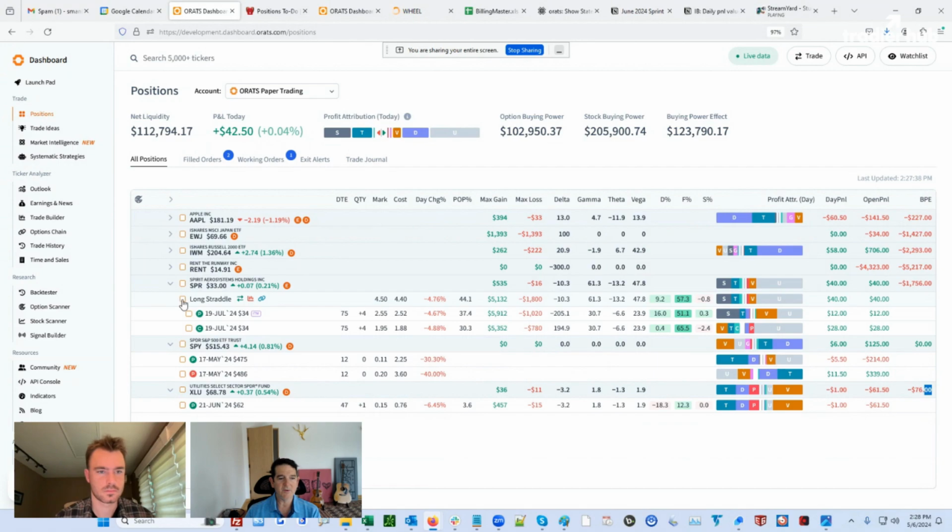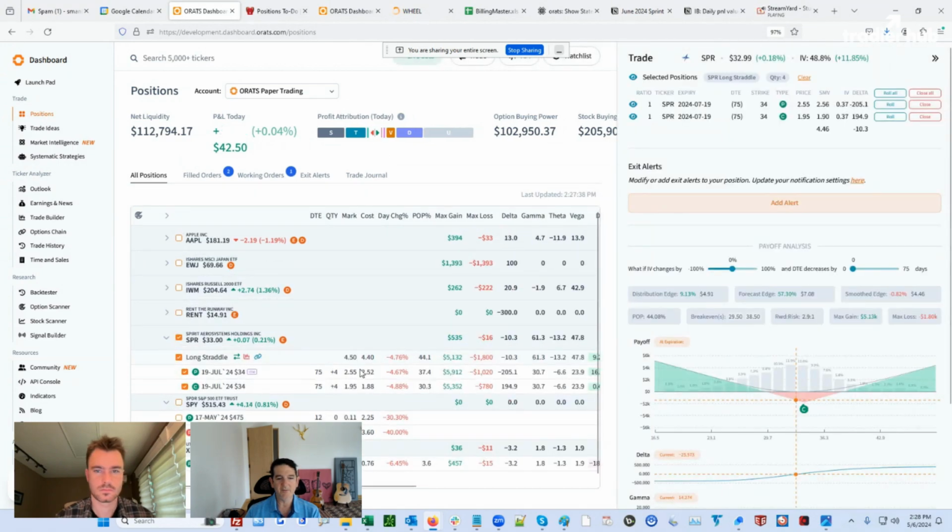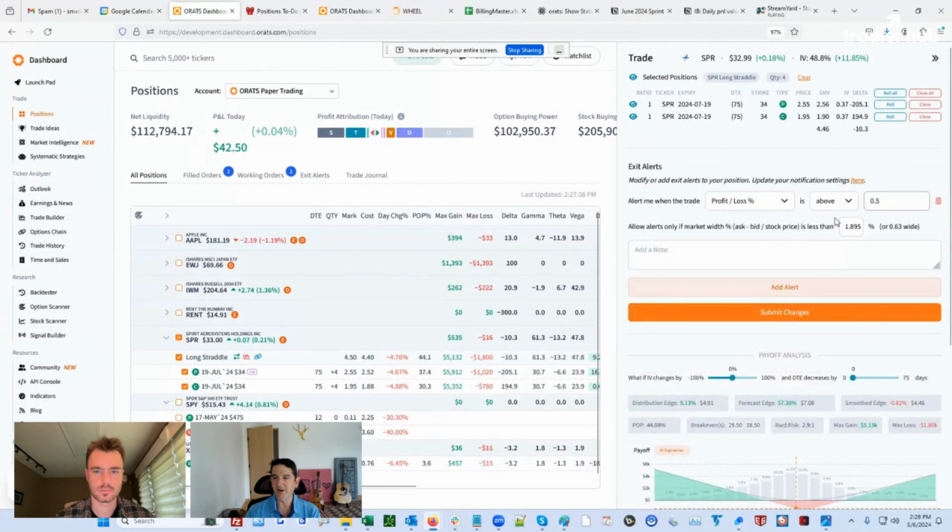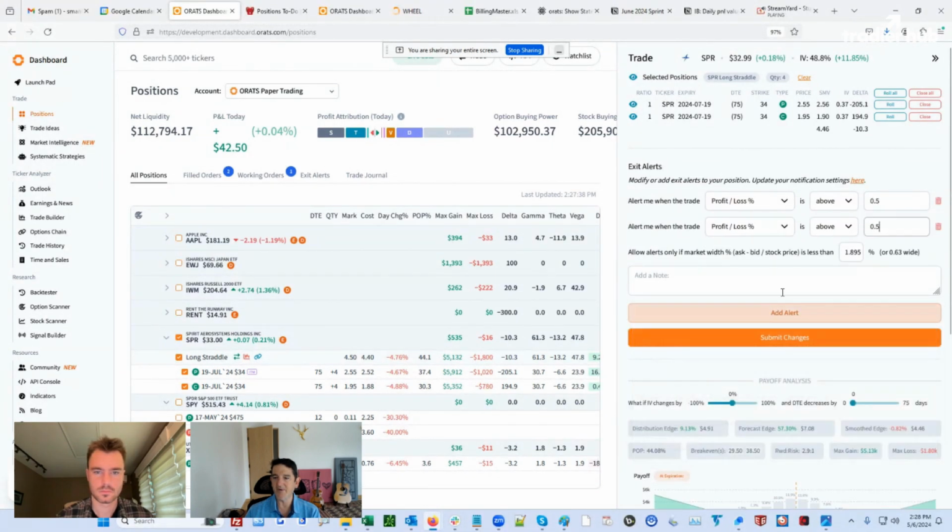What I like to do as well is get an alert if the profit's up or down. So I'll add two profits, up and below. If it goes up 50% or down 50%, I'll note that it's a paper trade, and then I'll just say exit if this happens.